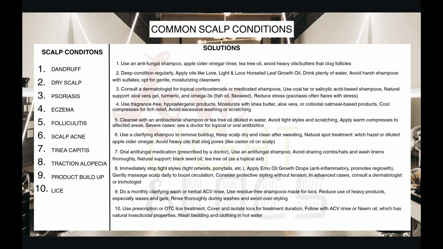And omega-3s, which you can get from fatty fishes and seeds and fish oil and flaxseed, for instance. And reduce stress because psoriasis being an autoimmune condition, flare-ups are more likely to occur when you are in a stressful state. So definitely create a routine to help to reduce your stress.